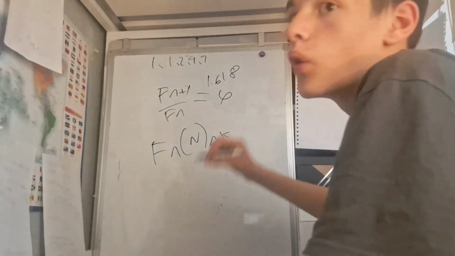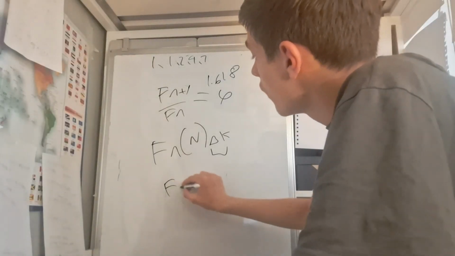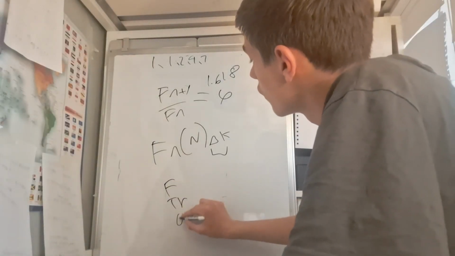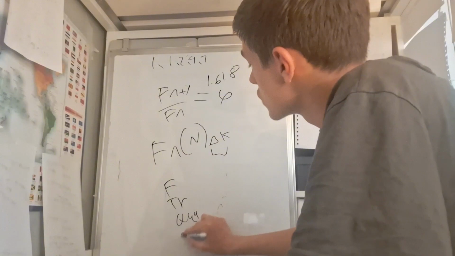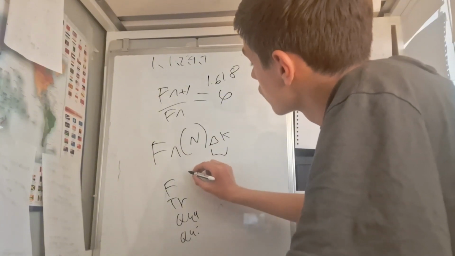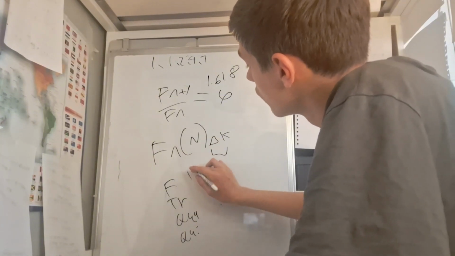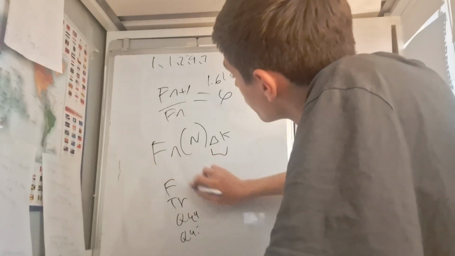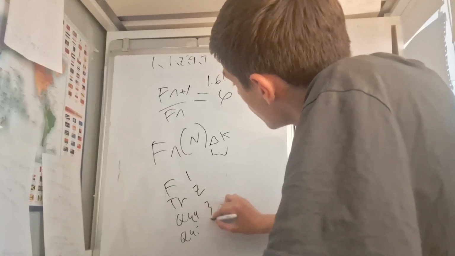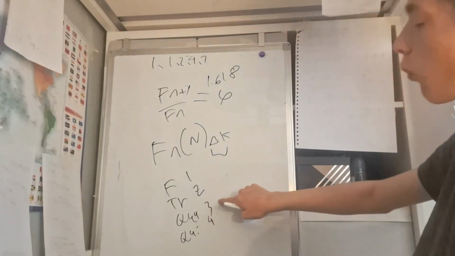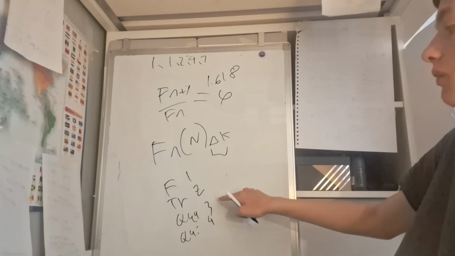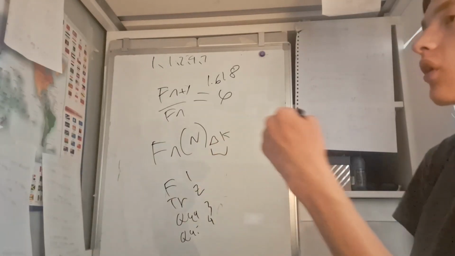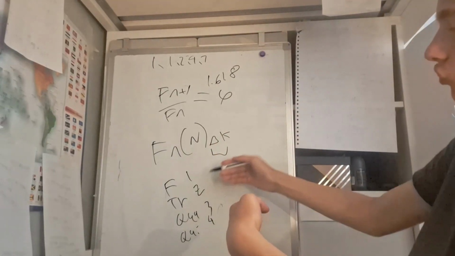N is which sequence, because there's the Fibonacci, the Tribonacci, the Quadrinacci, the Quintrinacci. So this would be 1, 2, 3, 4. I know this is kind of weird because quad means 4, but because of how it works, it's just shifted along one.